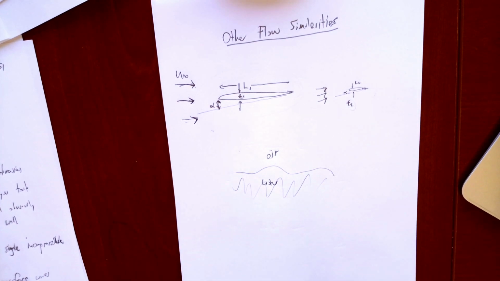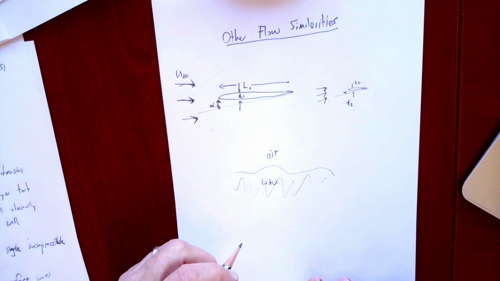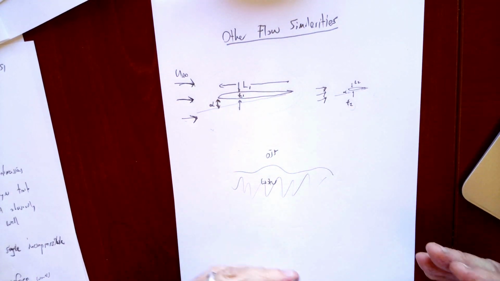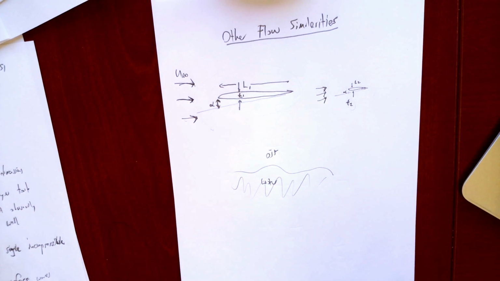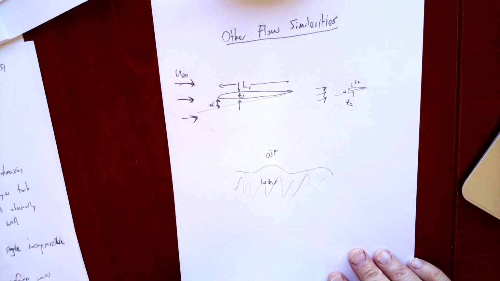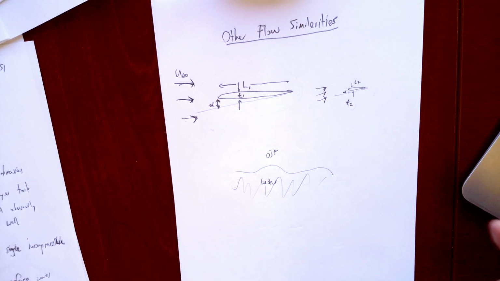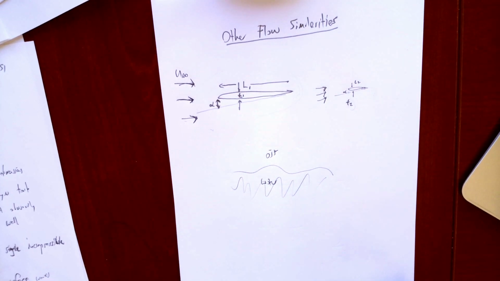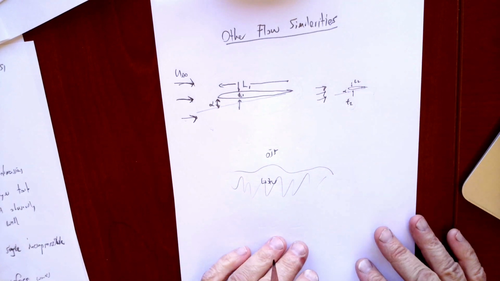If you have any kind of compressibility effects, you have to match the Mach number. If you have some kind of intermittent forcing, like something driving the flow with a paddle wheel, or a propeller blade that's moving at a certain frequency, then you have to match another set of dimensionless parameters.